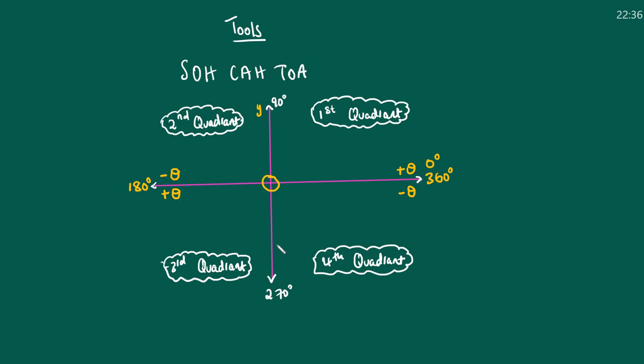So this is what they usually do, and it's usually sufficient because we're only using 180 minus theta, 180 plus theta, 360 plus theta, 360 minus theta, you see. So it's very much sufficient.